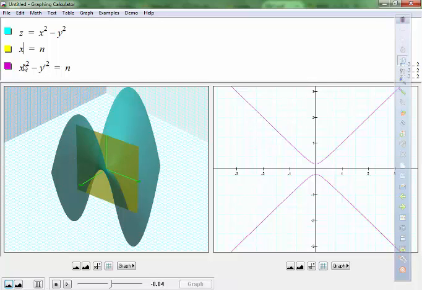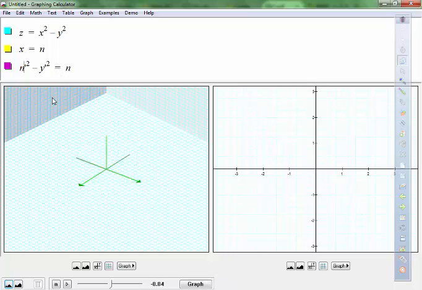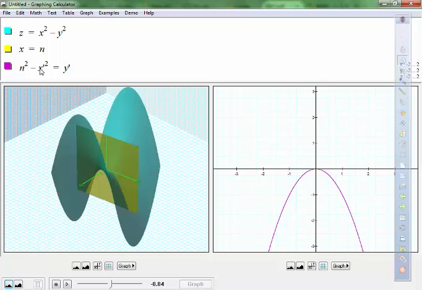But I want my graph to reflect the idea that I'm making the cut along the x-axis. So I need to get this x here as my n, and I don't know if this is going to work like this. Kind of works.